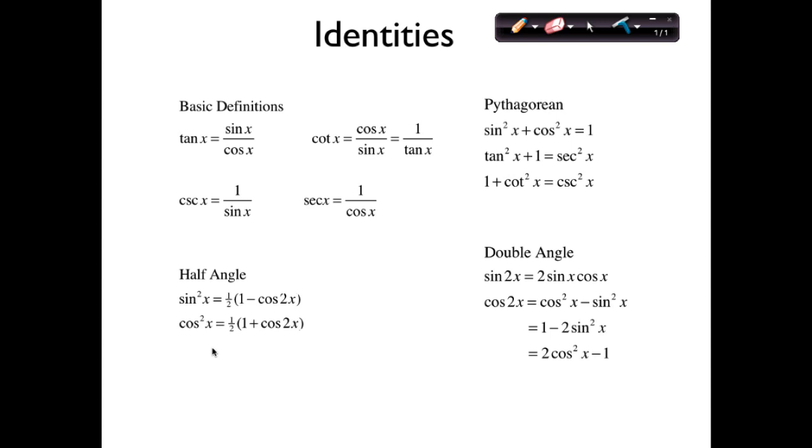And then finally the double angle identities, sine of 2x, cosine of 2x. There's one version of sine 2x. There's actually 3 different versions of cosine 2x, and those are based on the Pythagorean identity. So if you take this and you apply the Pythagorean identity, you get these other 2 versions.